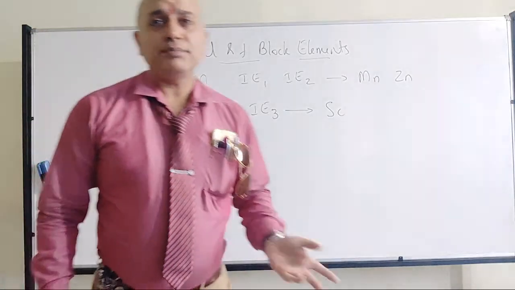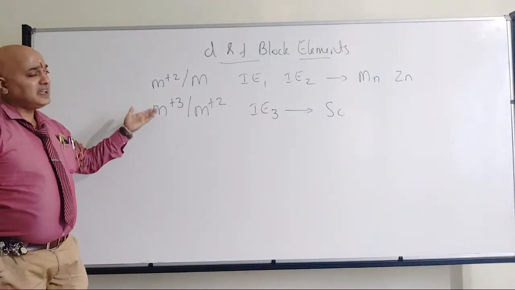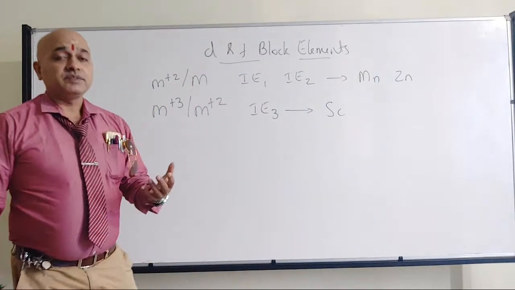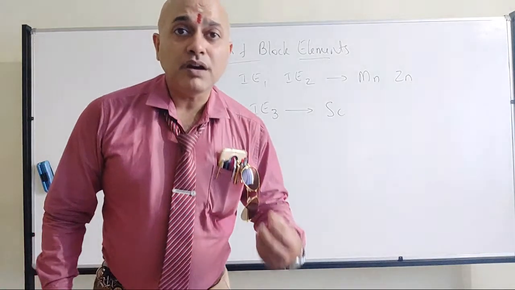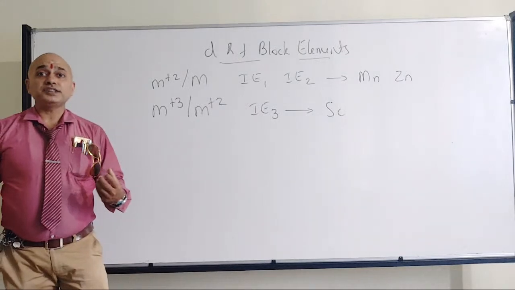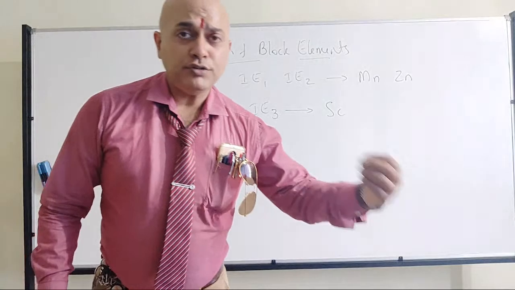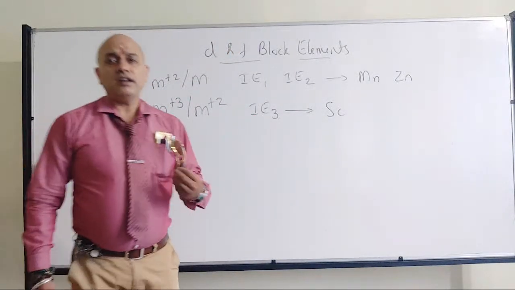One of the exceptional cases is ferric, Fe plus 3. What I mean to say here is, in some cases, based on stable electronic configuration we can tell whether they are going to donate the electron easily or not.